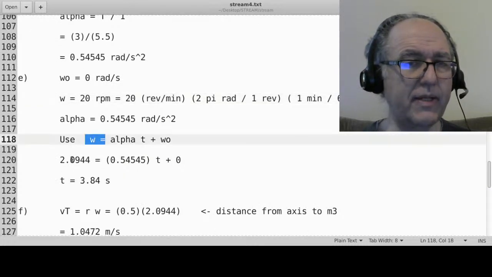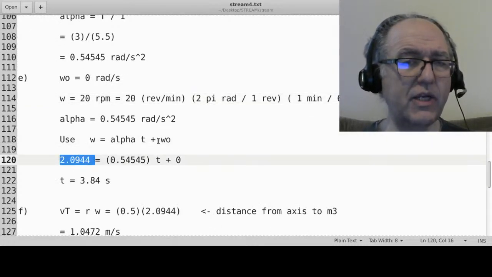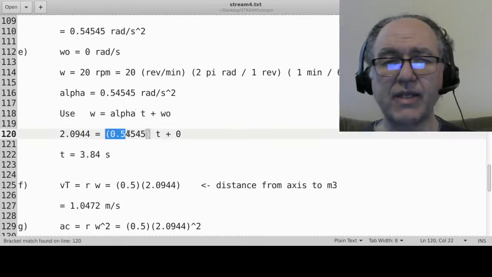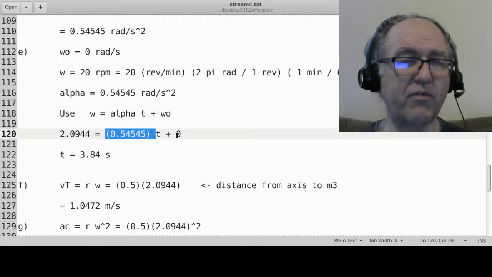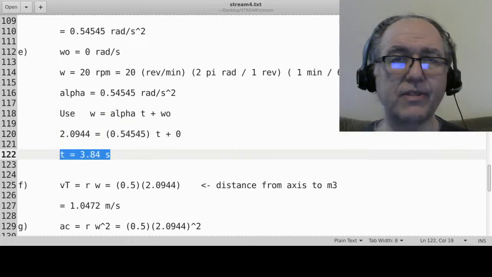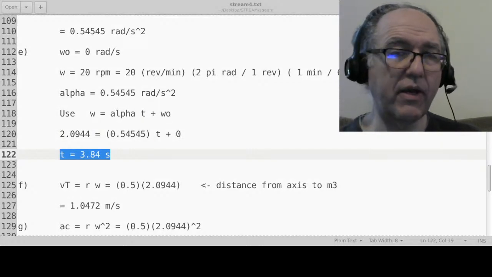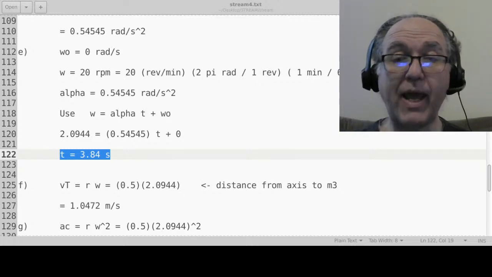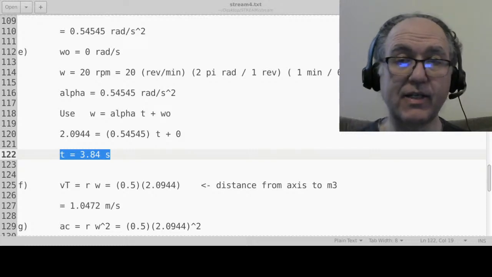Our initial angular velocity was rest. Alpha, the angular acceleration, is 0.54545, and we want to solve for t. Skipping the trivial algebra, it turns out that t is 3.84 seconds. So that's how long it takes for this thing to spin up.